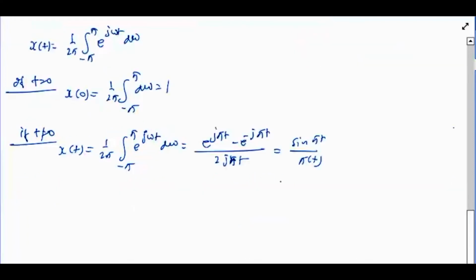Okay? Which in turn, if expressed in terms of the sinc function, is simply sinc t.